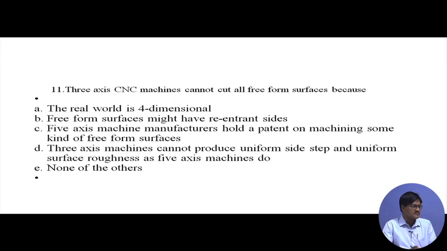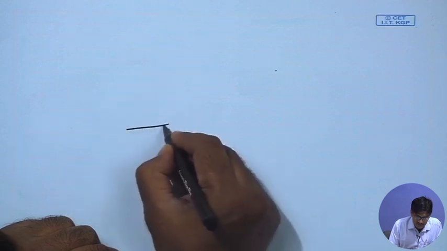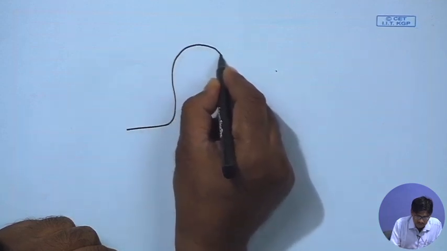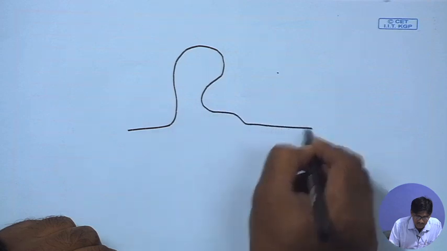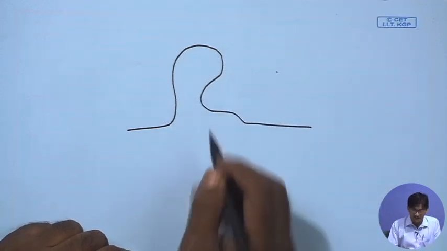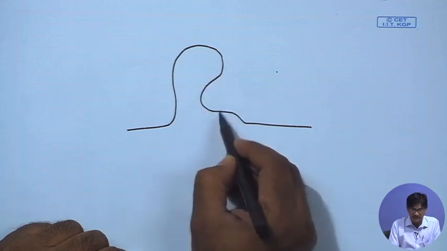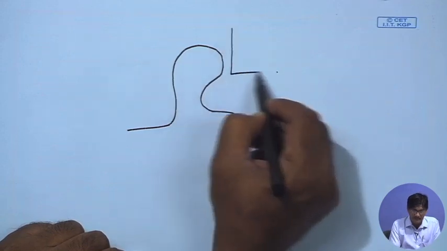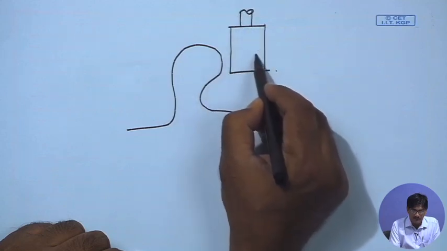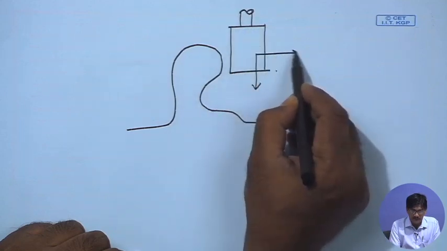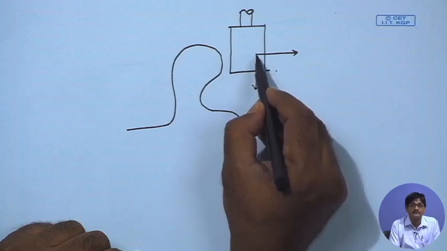Free form surfaces might have re-entrant sides. Let us have a quick look at what we are talking about. If there is a body like this, we are saying this is a re-entrant side. It cannot be accessed by a tool which is coming from the top, and it can only move down, side, and this side also.